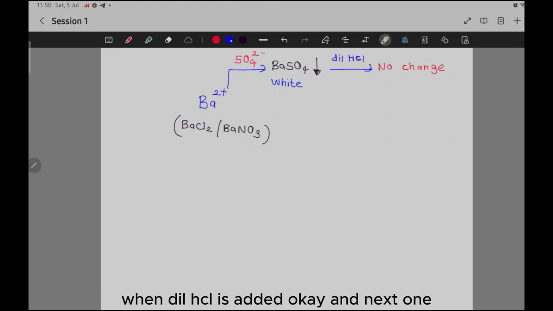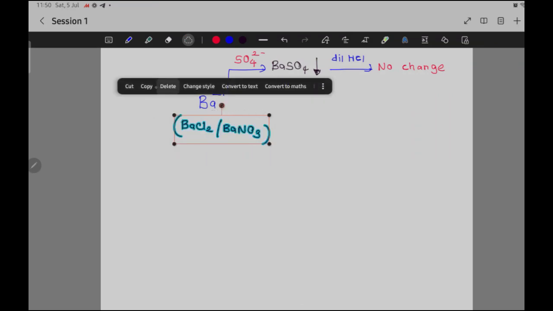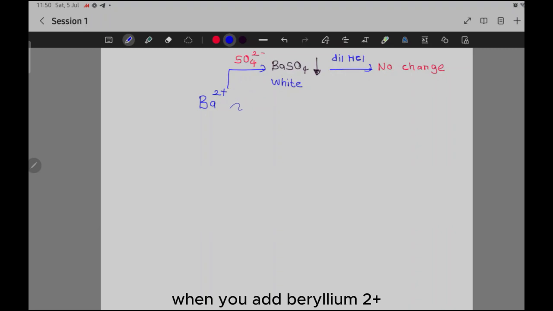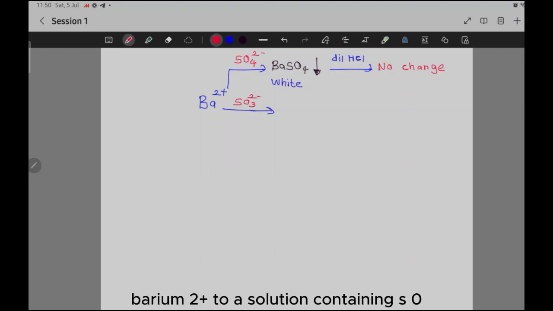And next one, what happens when you add barium 2 plus to a solution containing SO3 2 minus?